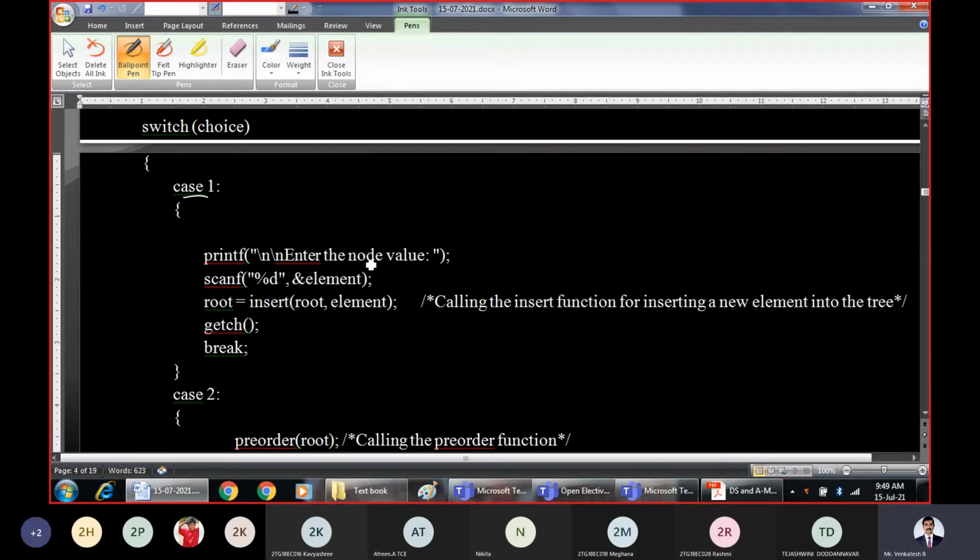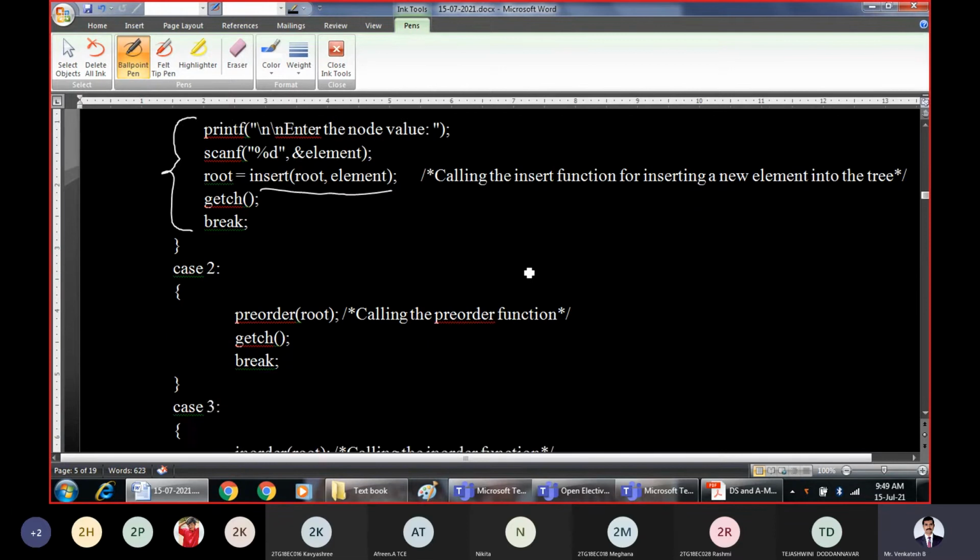If the user has given choice 1, we will be creating the binary tree by passing one node at a time. These are the statements responsible for that. We ask the user to enter the node value, and the insertion will take place by calling the insert function. Let us assume the same input we studied earlier: 1, 2, 3, 4, 5, and 6.